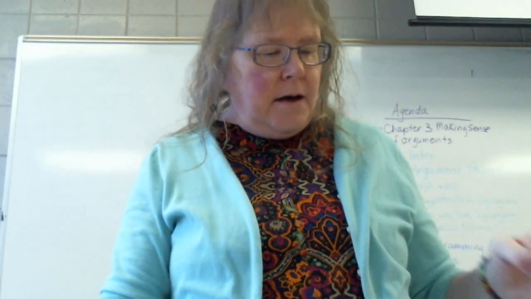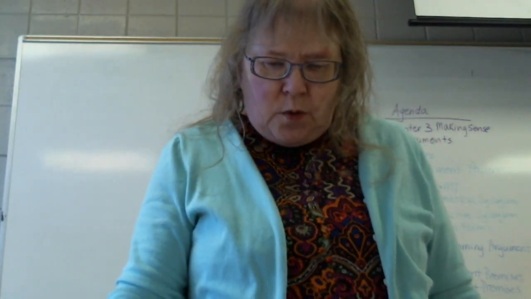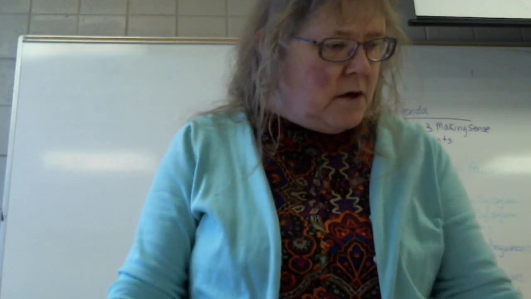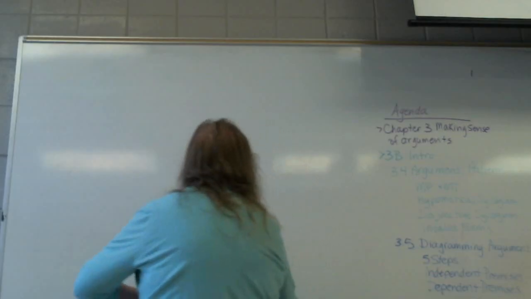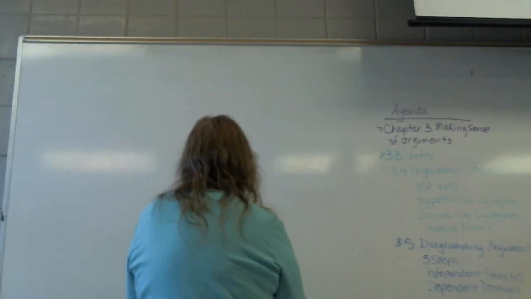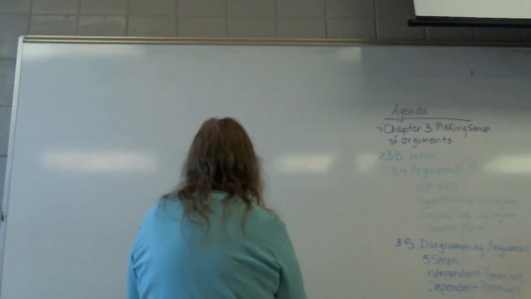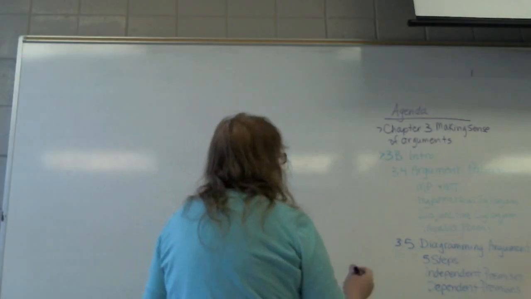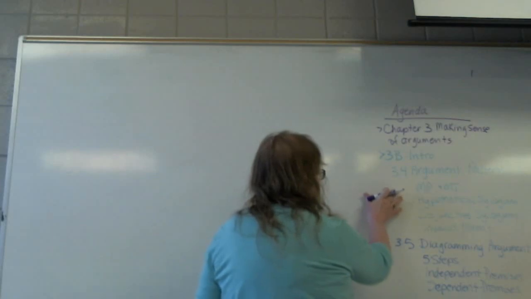Okay, we have all kinds of fun with this, and I'm going to use my own pieces so that you have a few more examples. I use these a lot, so let's do it. So, our argument patterns.